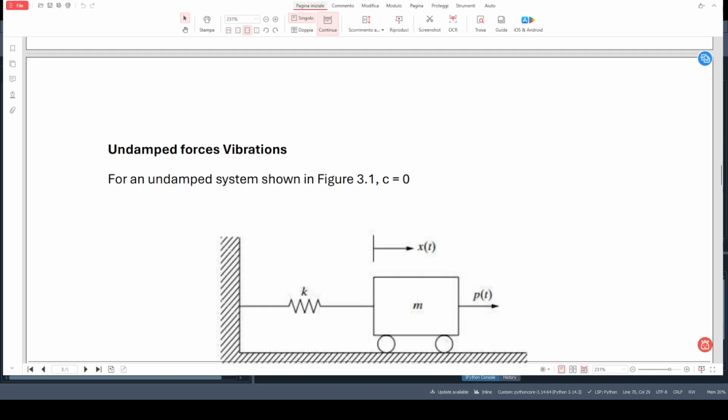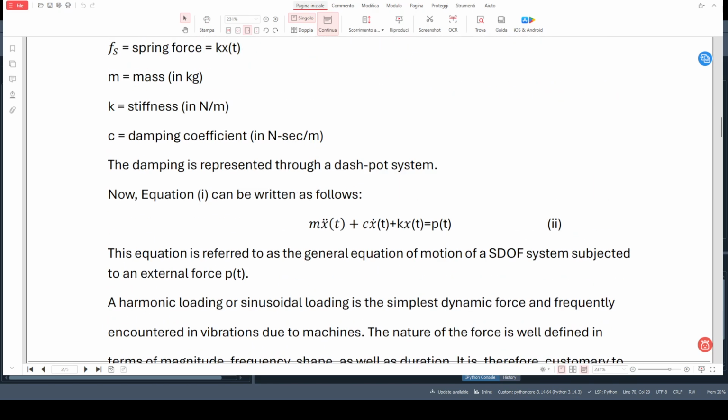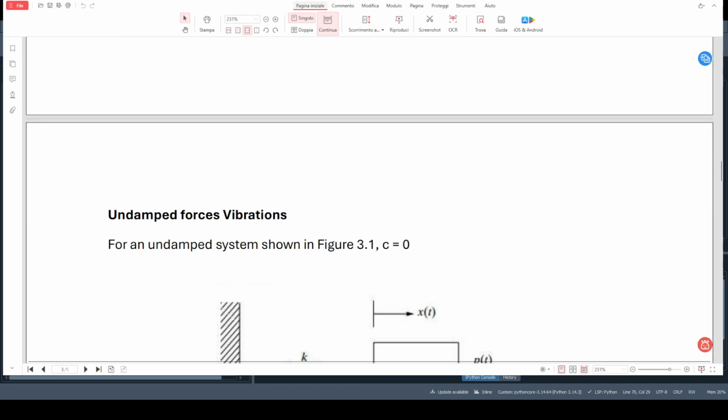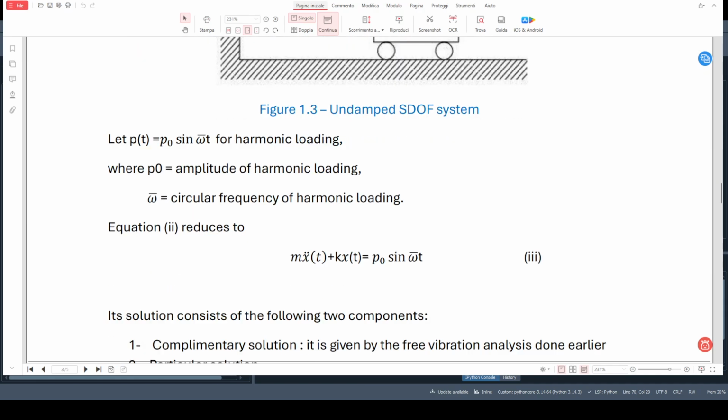The equation here we can write in this way, where C is equal to 0: m times acceleration plus k times displacement is equal to P0 sin(omega bar t).